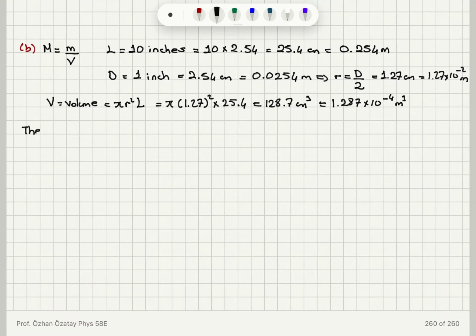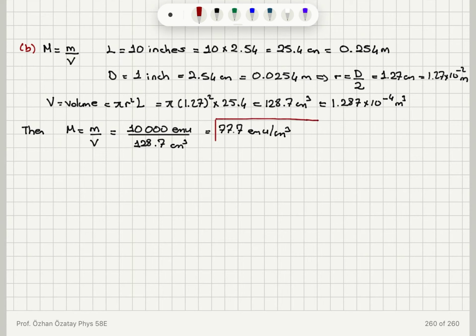Then I can calculate the magnetization, that is magnetic moment divided by volume. So I have a magnetic moment of 10,000 EMU, which is ergs per oersted, divided by the volume 128.7 centimeter cube. So I obtain 77.7 EMU per centimeter cube. So this is the magnetization in CGS.